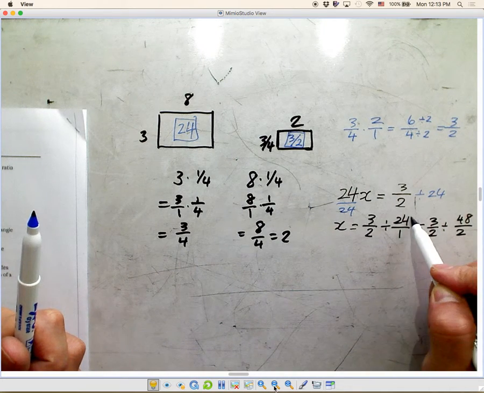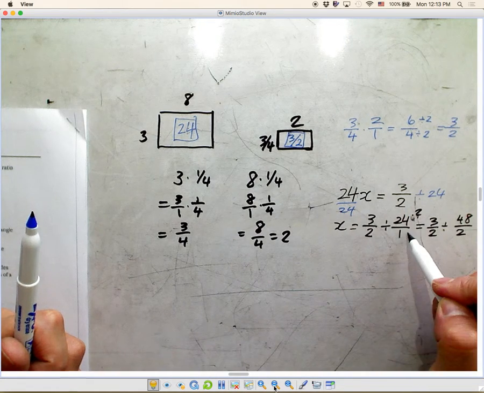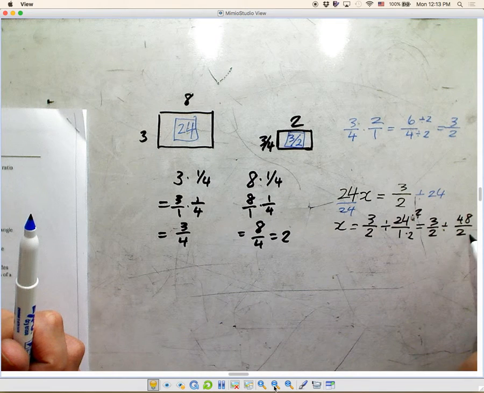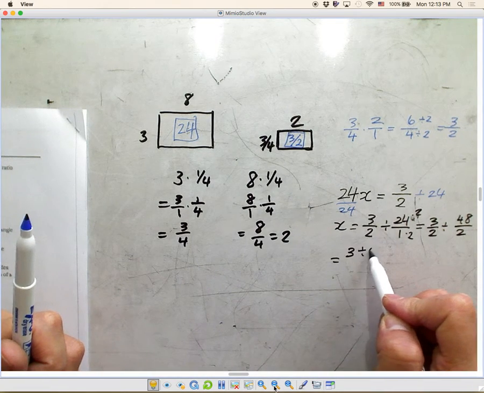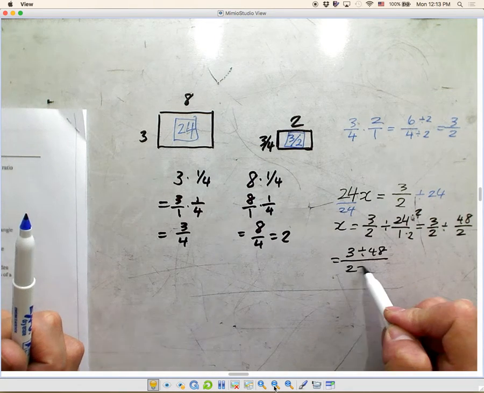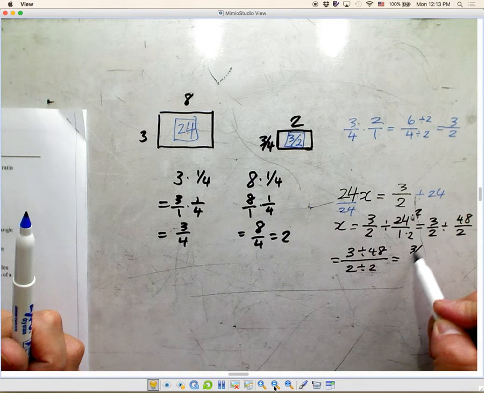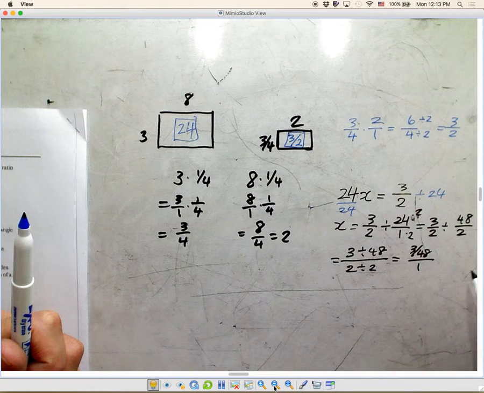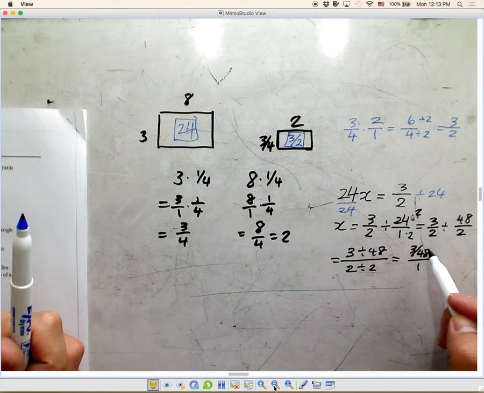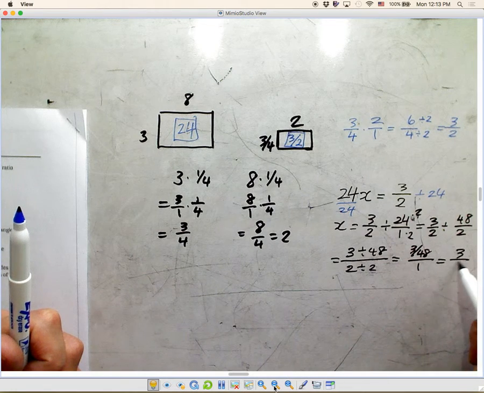I multiply 24 by 2 and 1 by 2 to get 48 over 2. So you get 3 divided by 48, over 2 divided by 2, which is 1. Divide whatever by 1 is itself, so it's 3 over 48.